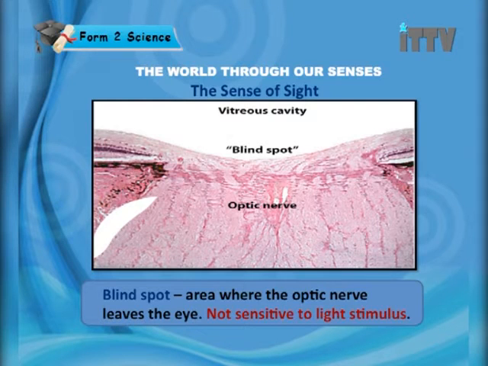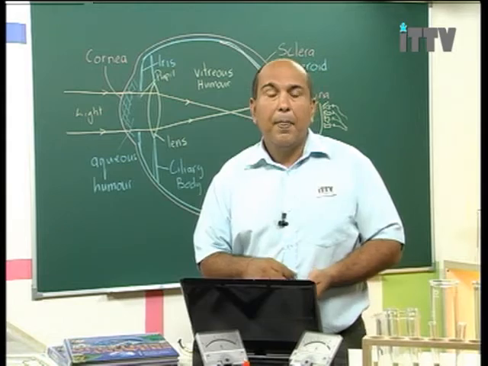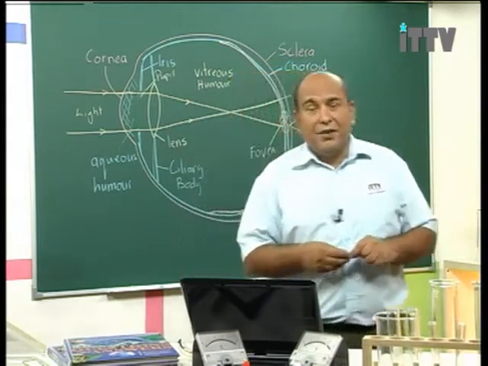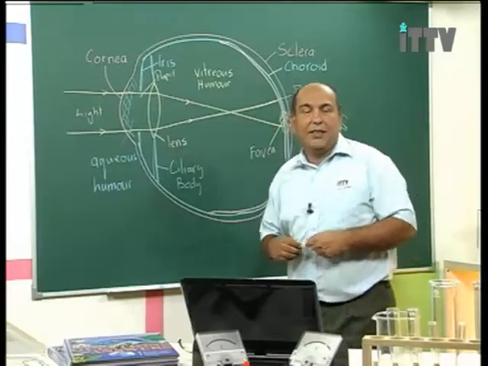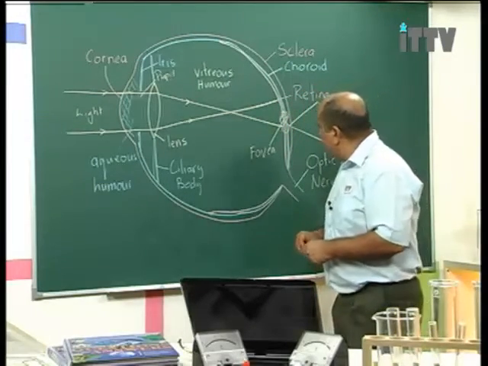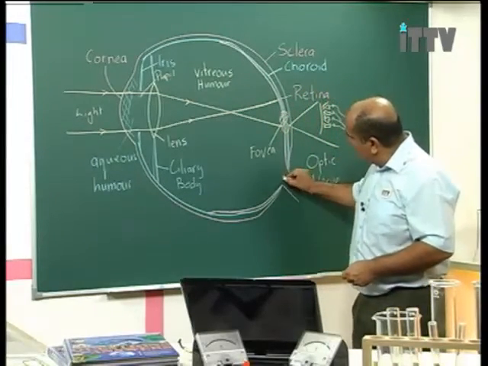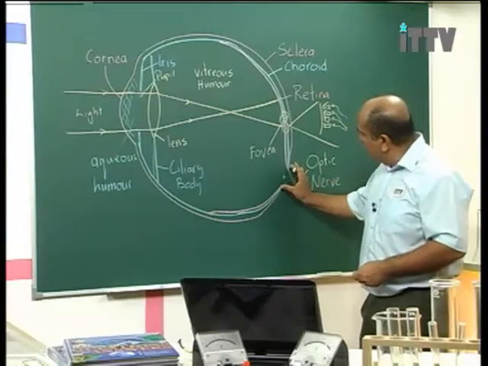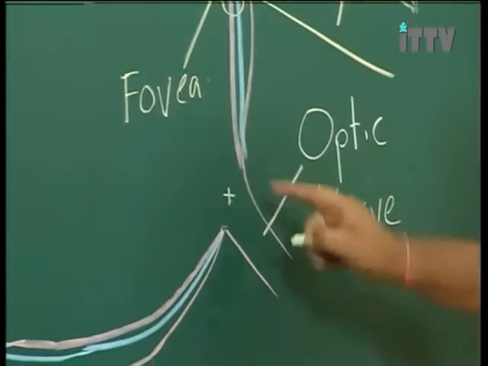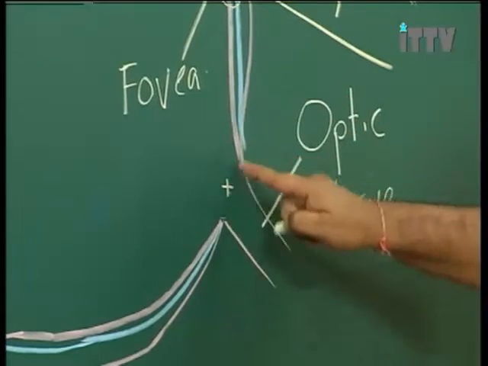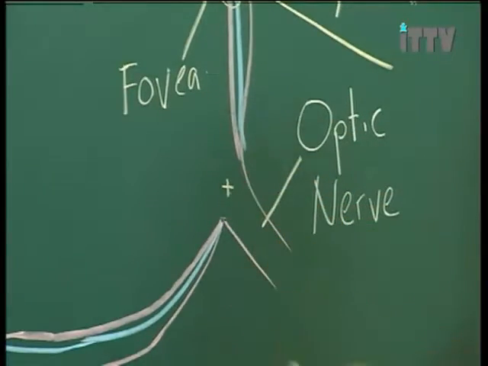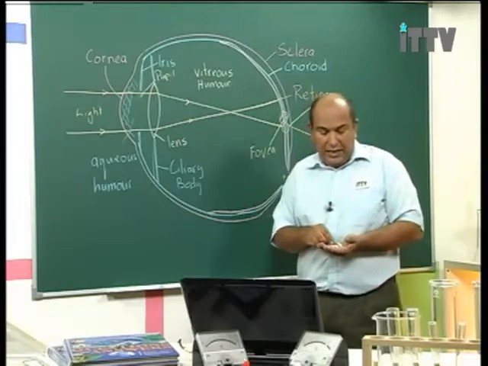The blind spot, area where the optic nerve leaves the eye, not sensitive to light stimulus. On the other side of the coin is the blind spot. It's the opposite of the fovea. The blind spot is over here, right where the optic nerve leaves the eyeball. Because you notice there is no retina on this area here, it means we have no photoreceptors.